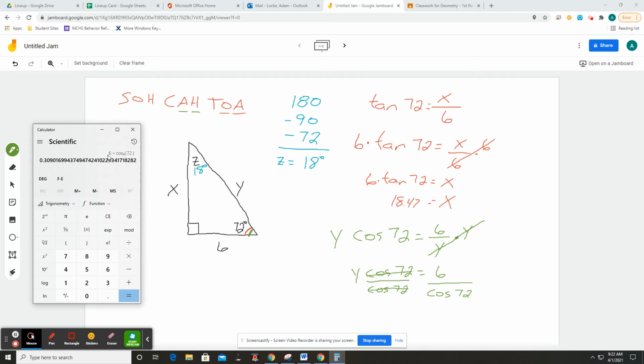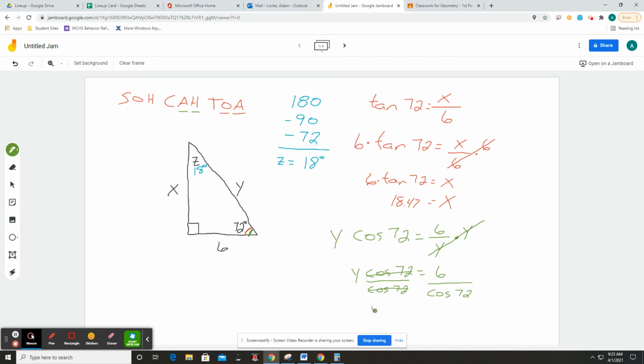So it's like my calculator is reading this as 6 divided by 0.31. So now I have to tell it to calculate that. And that's going to tell me y is 19.42. Okay, so now we've solved for x, y, and z.